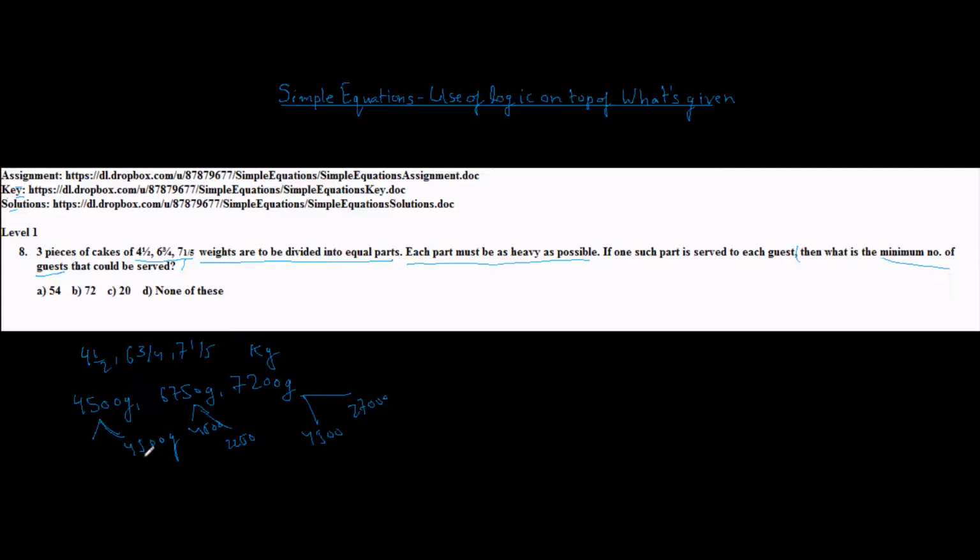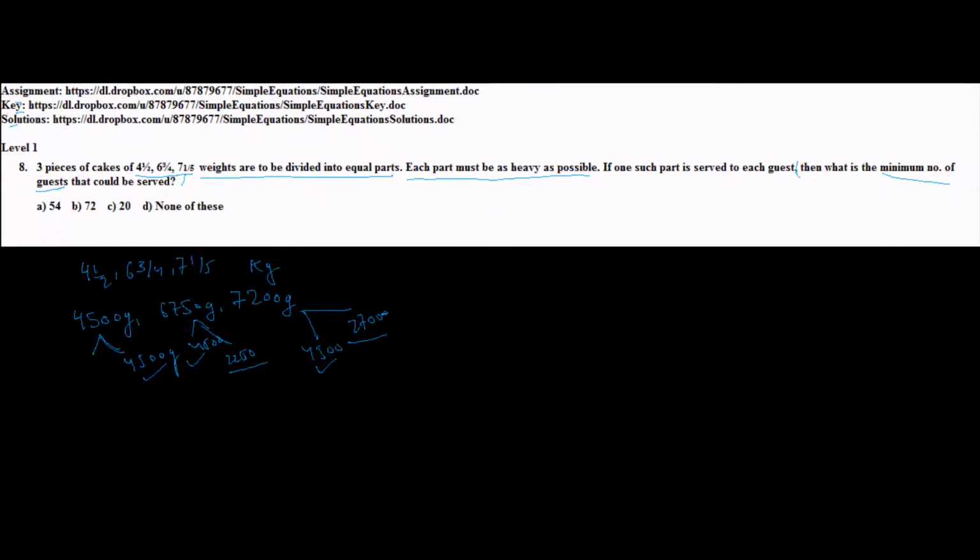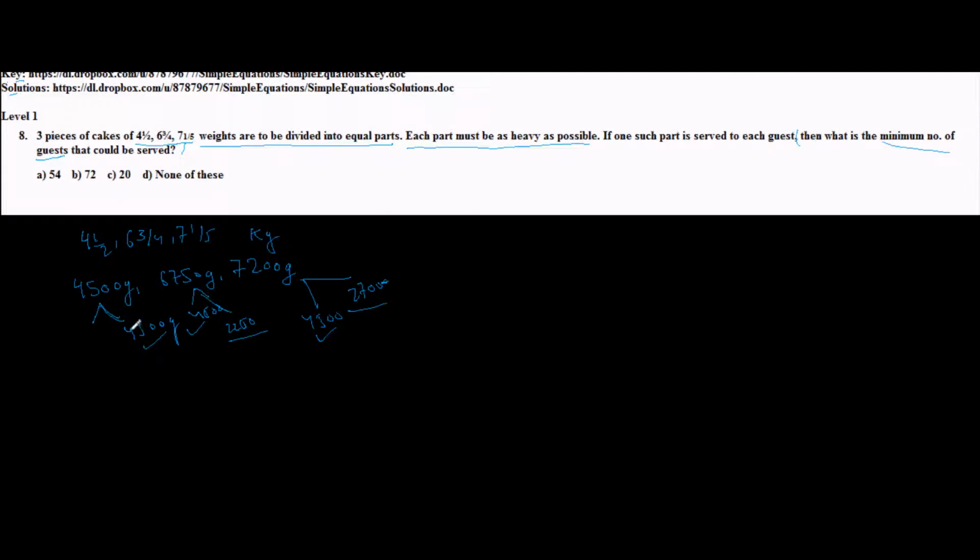This will result in five parts: one of 4500 from this, one of 4500 from this, one of 4500 from this, and one part of 2250 grams and one part of 2700 grams. So these parts are not equal. If I divide these pieces like this, it won't satisfy my condition that they are to be divided into equal parts.